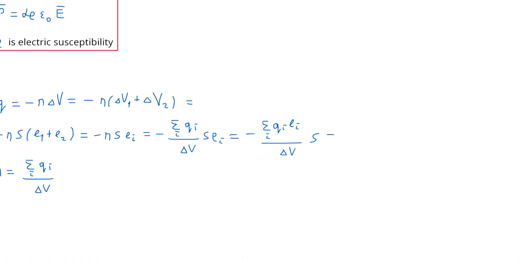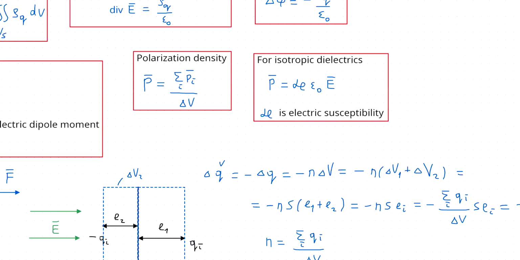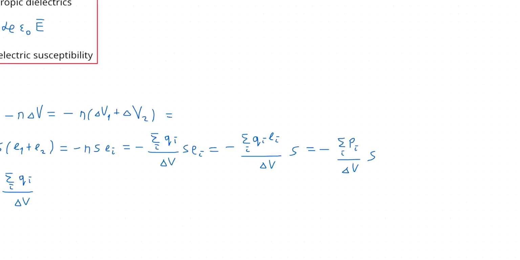So it will be minus the sum of dipole moments divided by delta V, times S. And now we can remember that the sum of dipole moments divided by volume delta V that contains these dipole moments is equal to polarization density. So it will be minus PS.